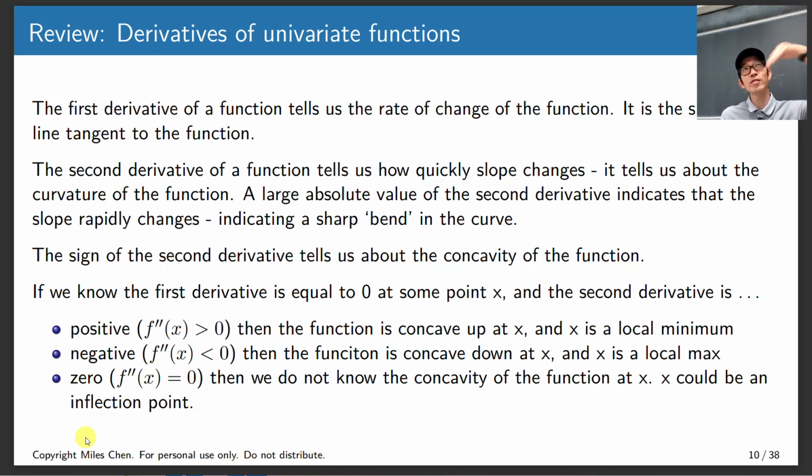So if there's a sharp bend or sharp turn in the curve, you would have a high second derivative. If the slope changes very slowly and gradually, then your second derivative is going to be very small, or have a small absolute value. That's what the second derivative tells us.